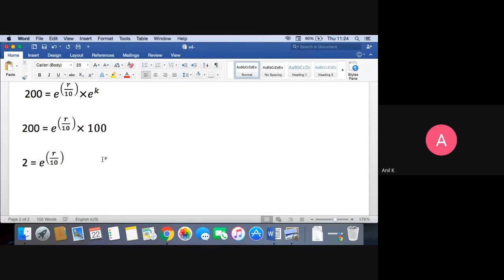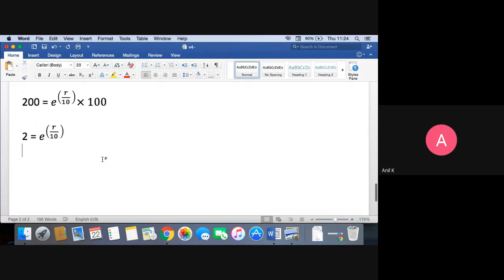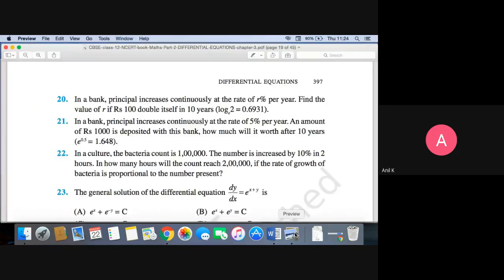So in the next step, if I apply log on both sides, you will get log 2 equals r upon 100, sorry, r upon 10. Now the log 2 value is given in the question. Log 2 value is 0.6931.